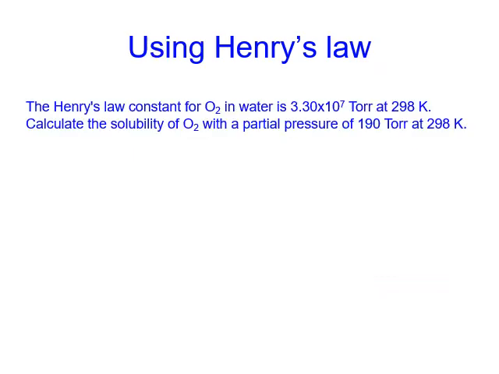Sample question. The Henry's law constant for oxygen in water is given, and calculate the solubility of oxygen with a partial pressure of 190 torr. Henry's law tells us that the partial pressure in the gas phase is proportional to the mole fraction of oxygen in solution times Henry's constant.